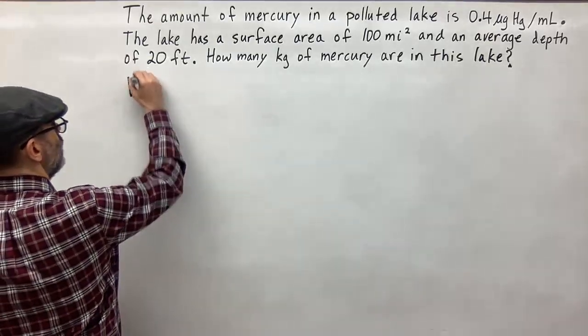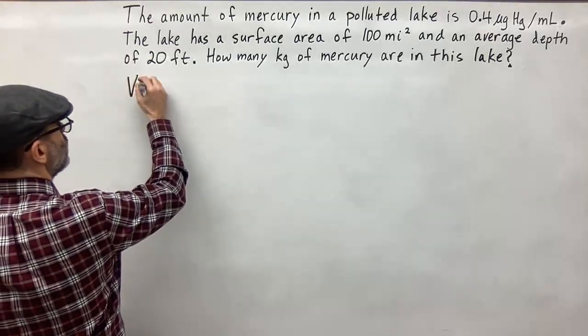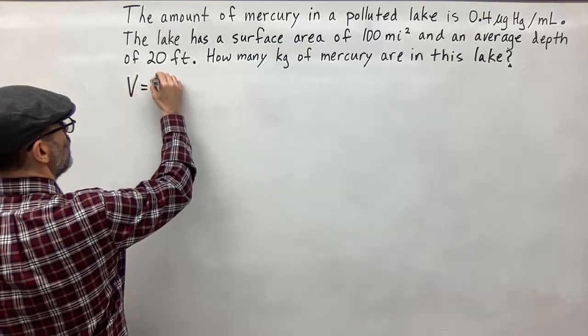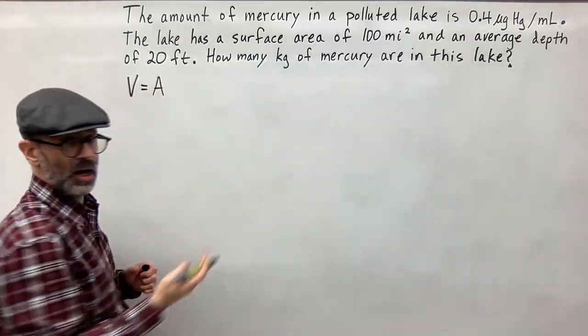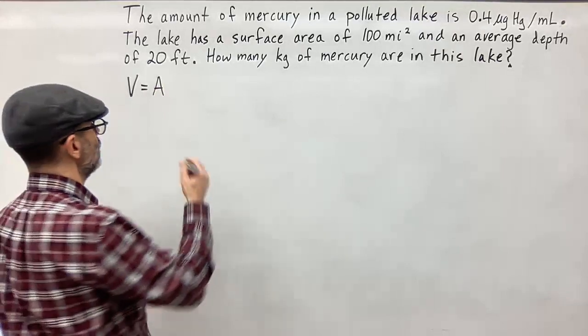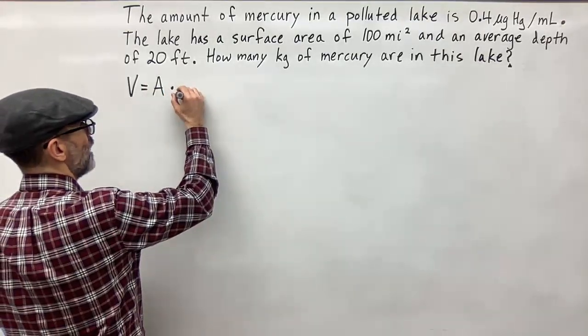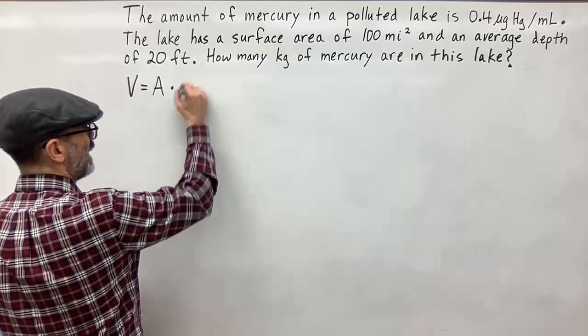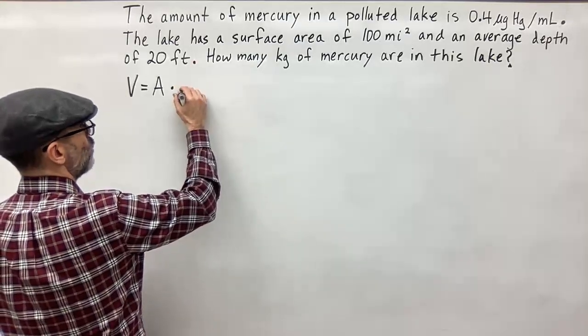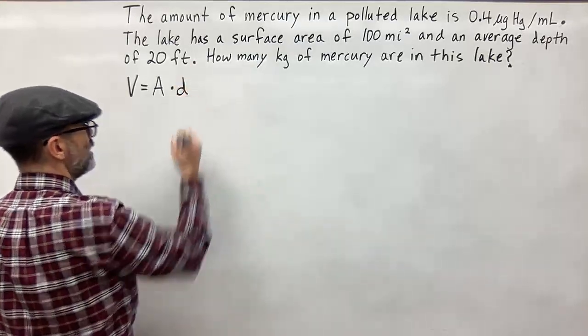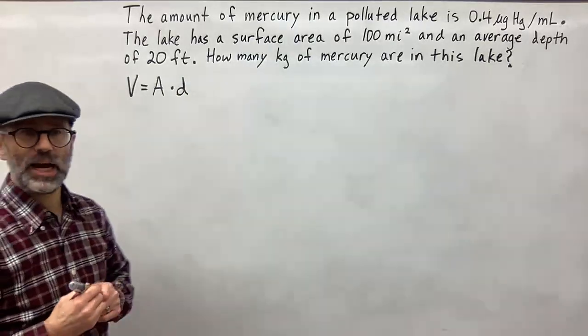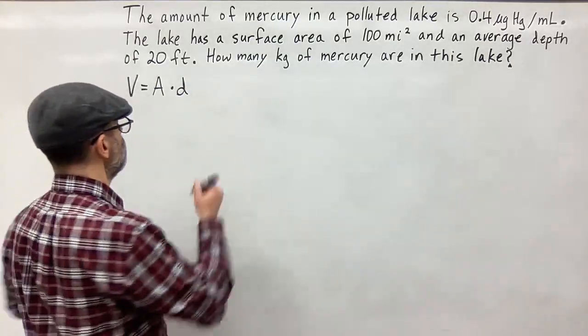So if you take the volume formula for a cylinder, that's going to be the area of the cylinder, or the lake, that's your surface area, multiplied by the depth or length of the cylinder. So here we could put a D for depth. So the area times the depth.